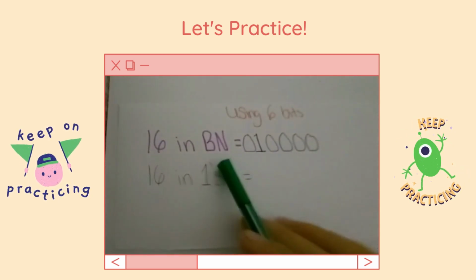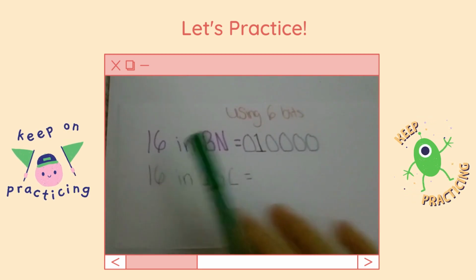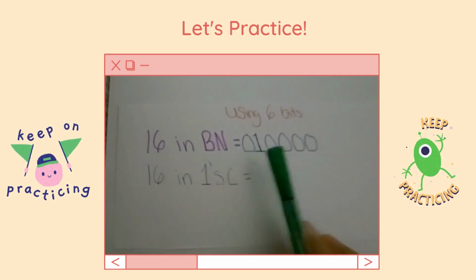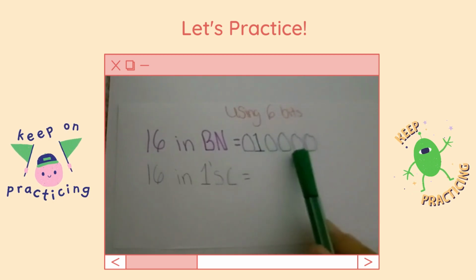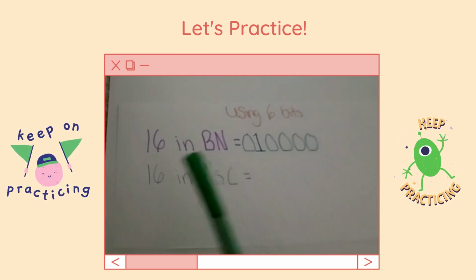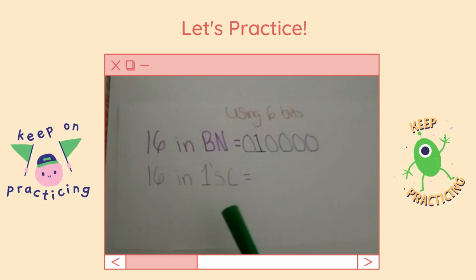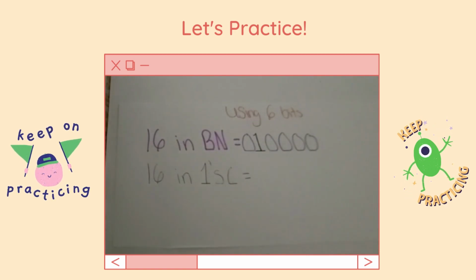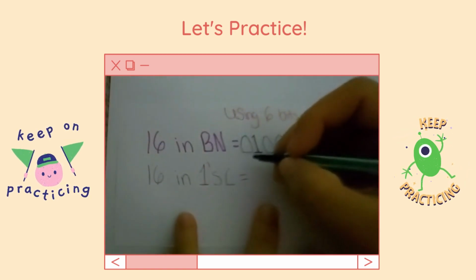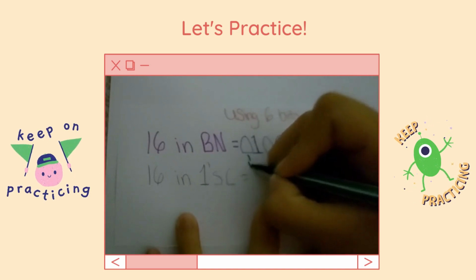Now we'll turn the binary number of 16, which is 010000, into one's complement. We will use the same method we used for the previous example, and all we need to do is invert the numbers we have here.